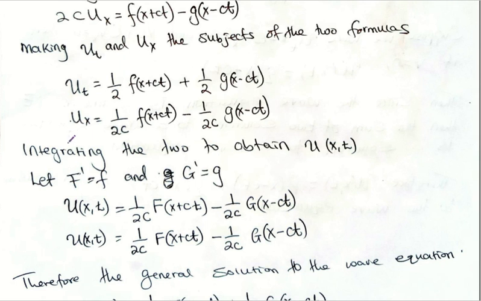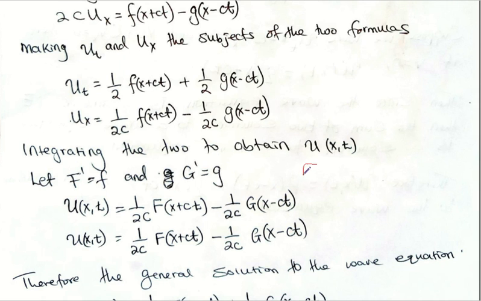Now, I want us to integrate these two equations so that we can obtain u of x,t. In this case, we can take capital F prime to be equal to f, and capital G prime to be equal to g.